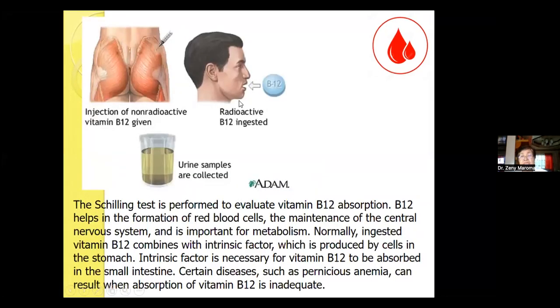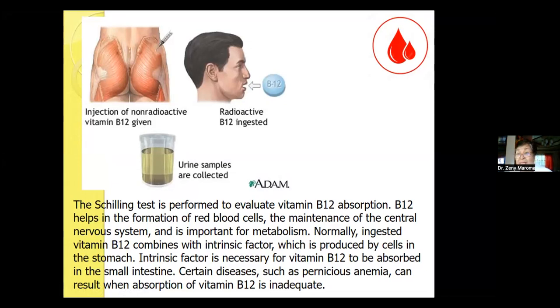Paano? Radioactive B12 is given orally. Then give IM injection of non-radioactive B12. Collect 24-hour urine. Ano yung normal? For vitamin B12 to be absorbed, kailangan natin ng intrinsic factor.